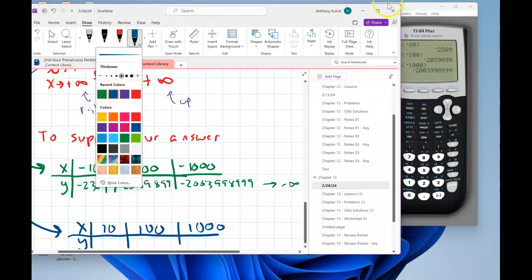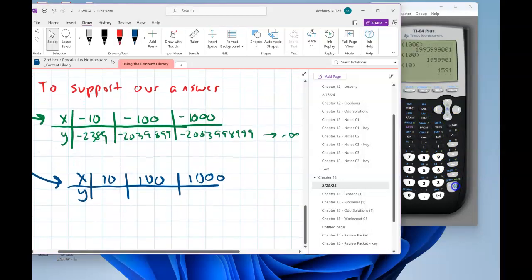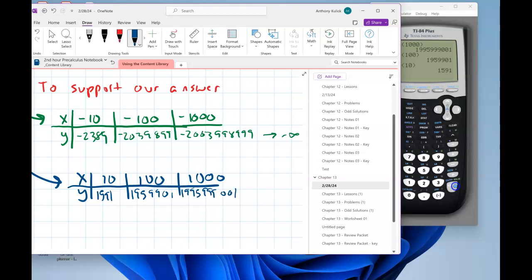Let's do the same thing. So I'll just second enter, and then update this to be positive 1,000, and then positive 100, and then positive 10. And what do we see here? Those y's keep on getting bigger and bigger and bigger. We're heading to positive infinity.